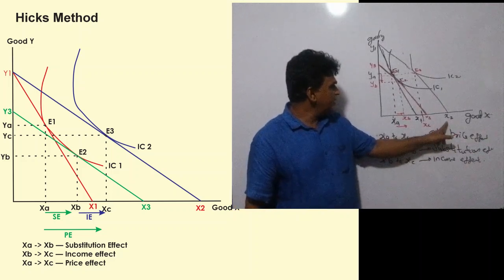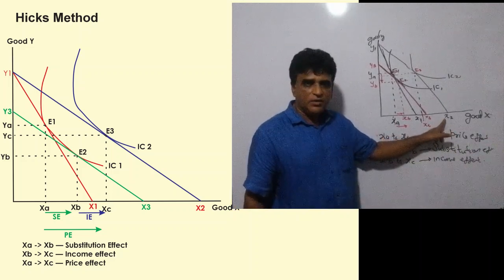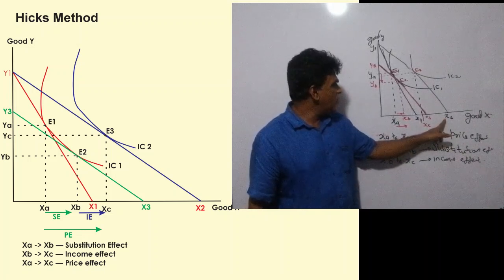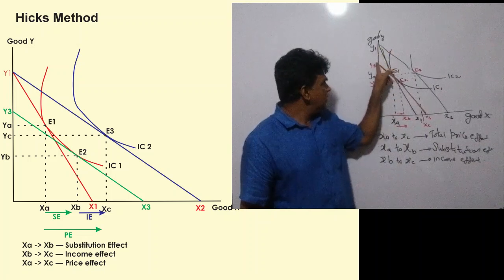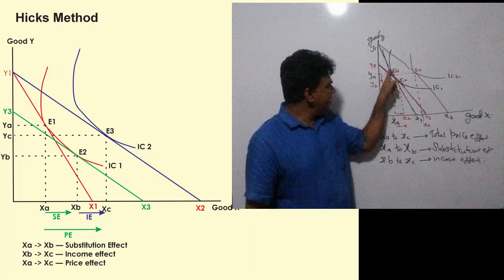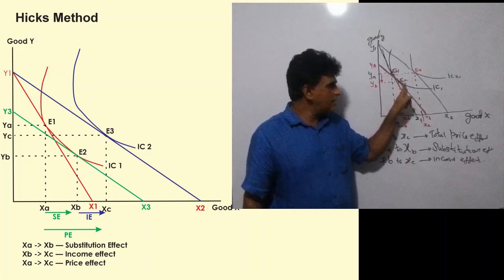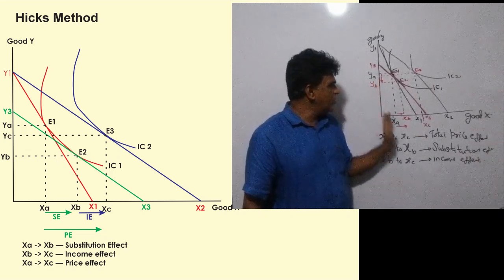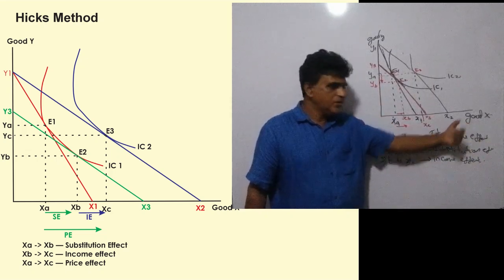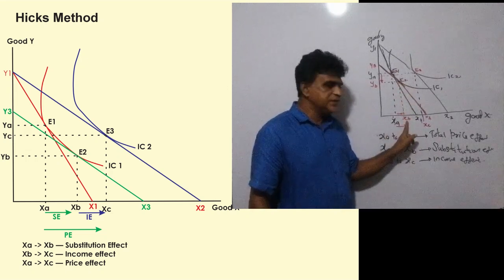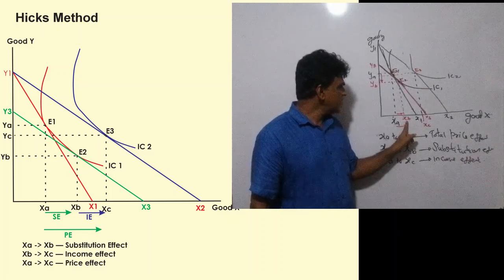Then we should find the substitution effect. We have to draw a line that is tangent to the initial indifference curve. Normally that is below E2 due to the substitution effect. Why? The consumer is sacrificing a certain amount to increase the consumption of good X. Then we can find another consumption level, XB.